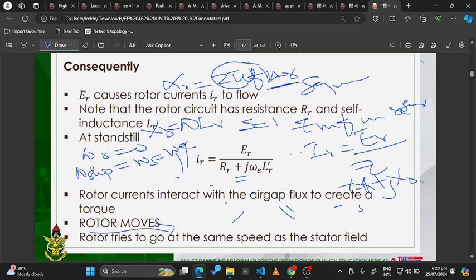When this rotor starts to move, its aim is to move at a speed equal to the synchronous speed, so that the relative speed between itself and the flux will be zero, and the flux will stop inducing EMF in it.